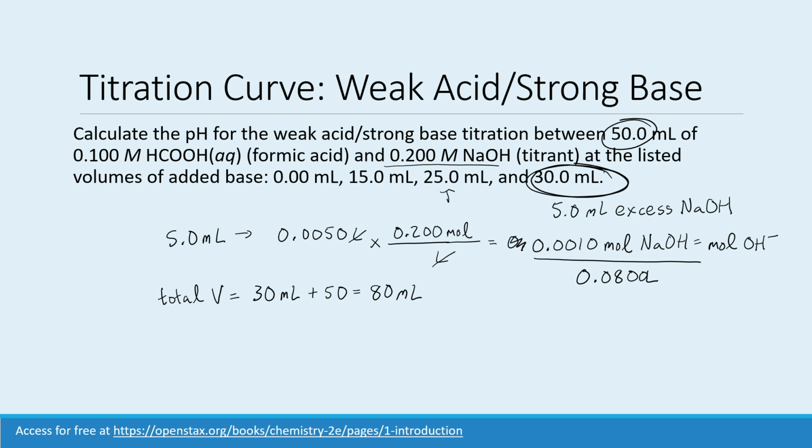And remember, that is the hydroxide ion, so the concentration of the hydroxide ion will be equal to 0.001 divided by 0.08, giving us 0.0125 molarity of the hydroxide ion.